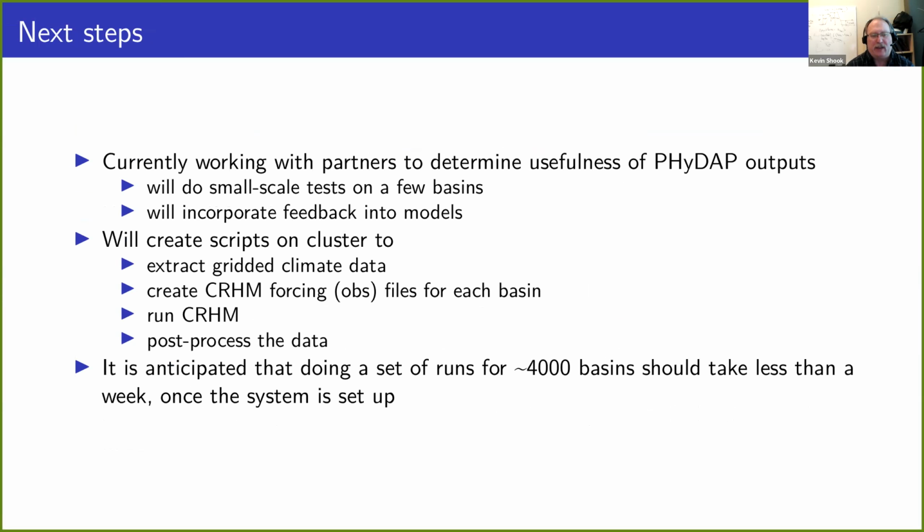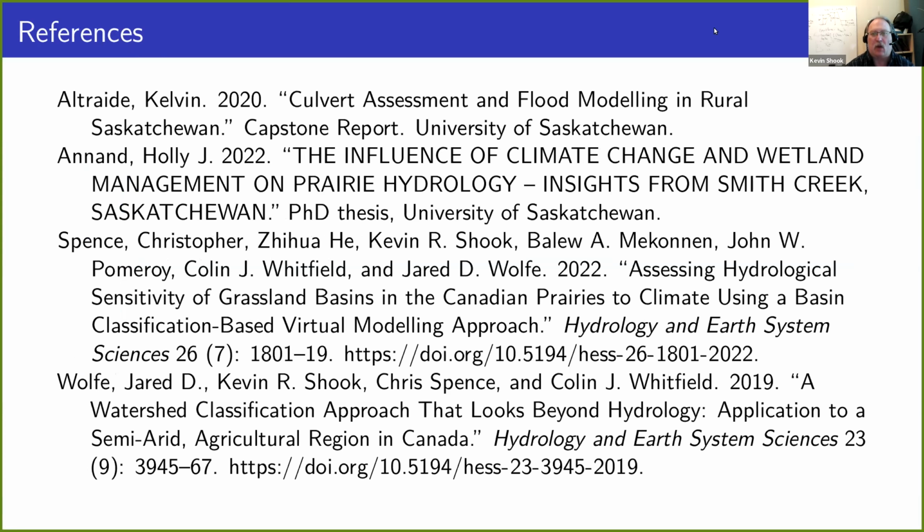We will also be creating scripts that will allow us to run on a cluster, extract gridded climate data and create the CRIM forcing files for each basin, run CRIM, and post-process the data for each basin. And we think that doing a set of runs for about 4,000 basins should take us less than a week once the system is set up. But of course, it's going to take us a while to get the system set up and running. And that's all that I have.